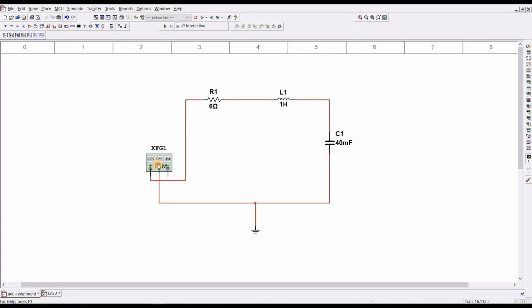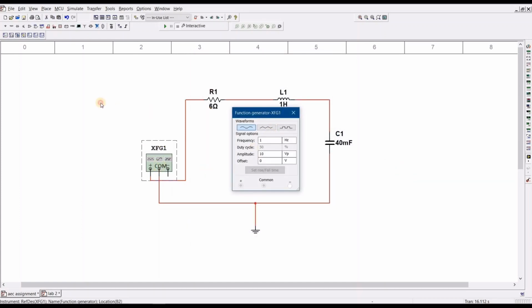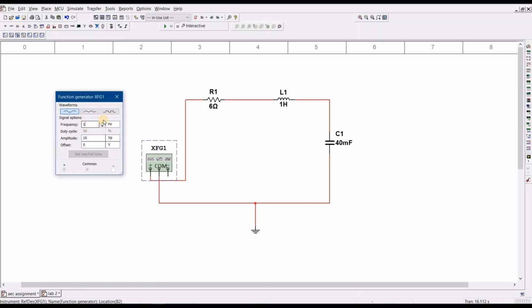Okay, and we set up our function generator with the frequency. We use a 3 Hz sinusoidal waveform and amplitude around 12. Okay, then what we are going to do is generate the circuit and get the waveform.